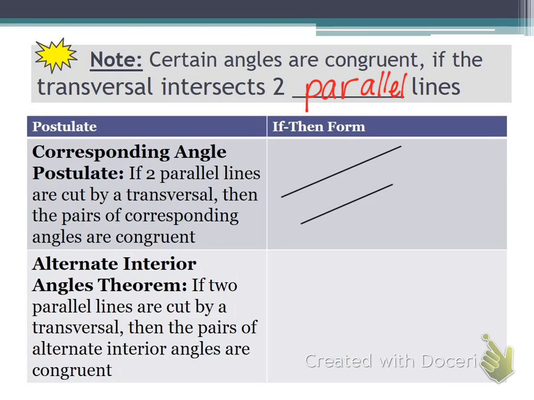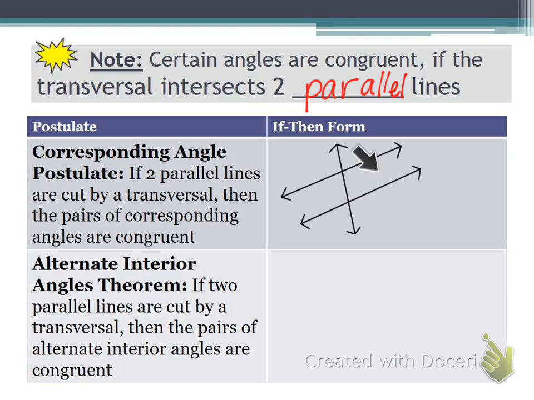So, on all of our diagrams, we're going to have parallel lines that are cut by a transversal. It doesn't have to look exactly like mine. You could have them slanted different ways, but we should have parallel lines cut by a transversal.